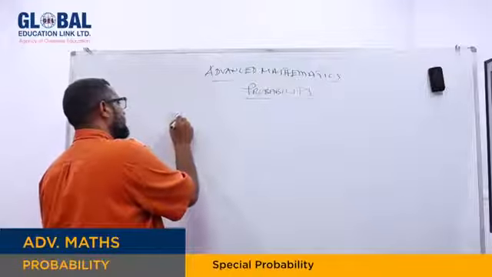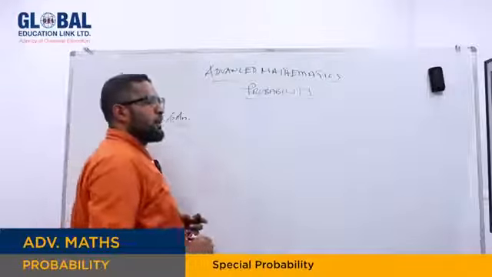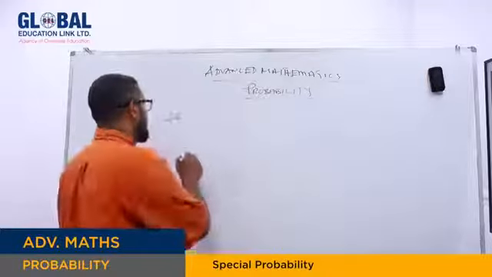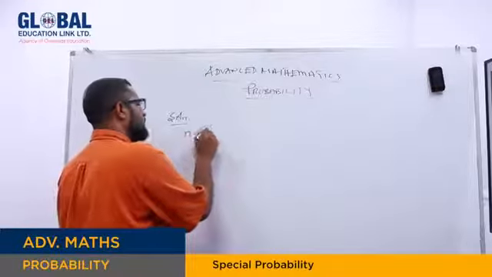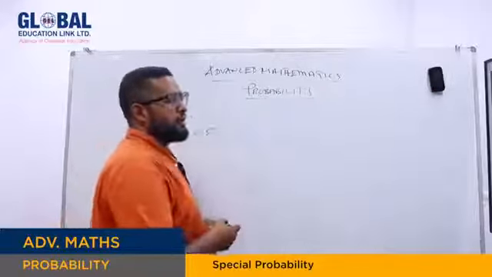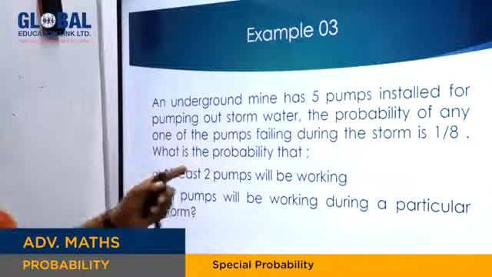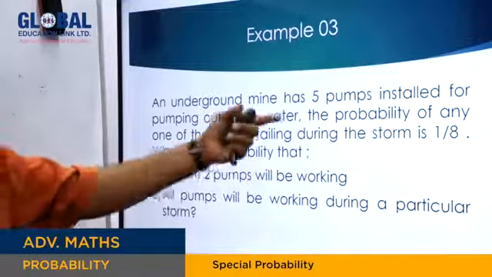Now, solution. We are given 5 pumps, so that is the number of pumps. So this is n equal to 5. Again, in the statement, there is a part saying the probability of any one of the pumps failing.